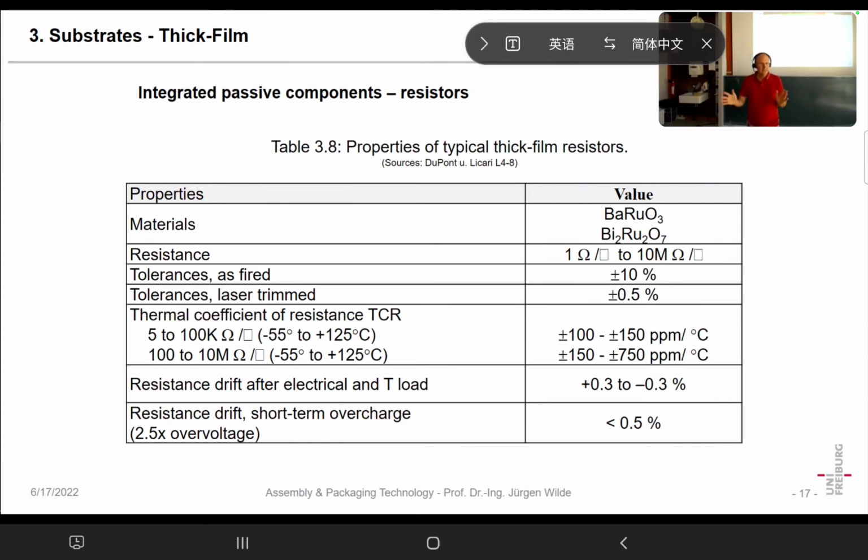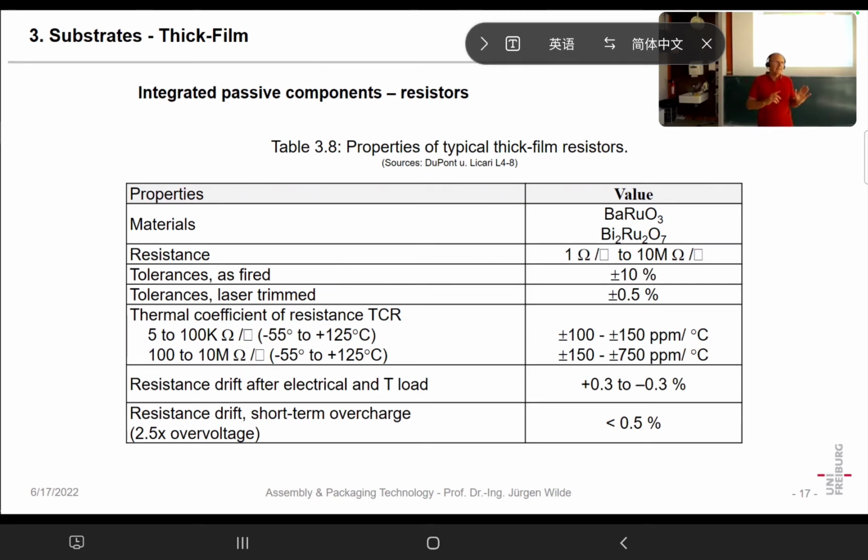And these materials can have a 0 TCR over temperature. That means resistance does not change over temperature. And so for materials, the typical range is something like plus minus 150 ppm per Kelvin.